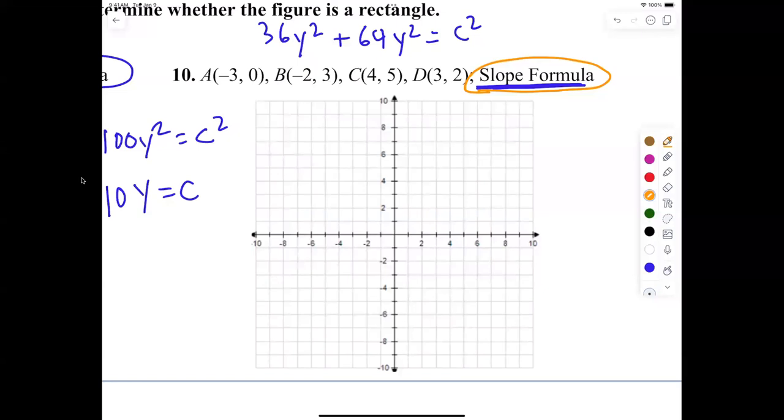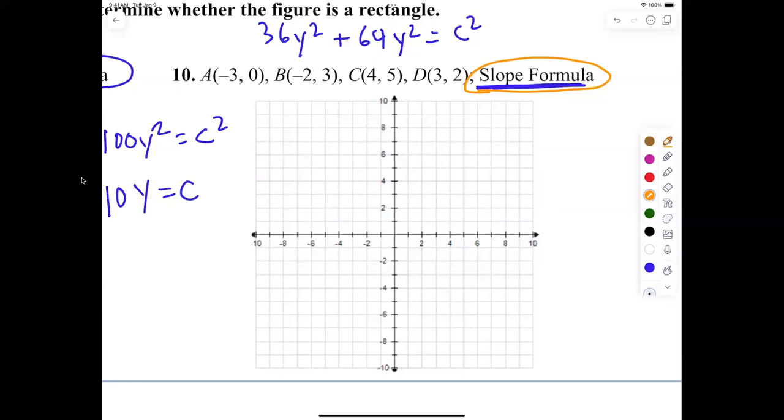If all 4 slopes are negative reciprocals, then it is a rectangle. 2 of them will be congruent, and 2 of them will be negative reciprocals.